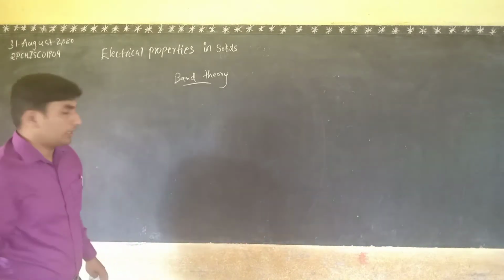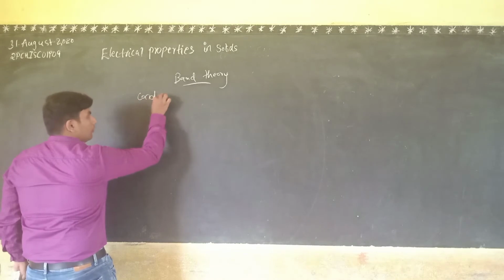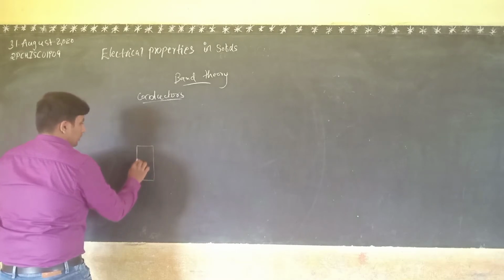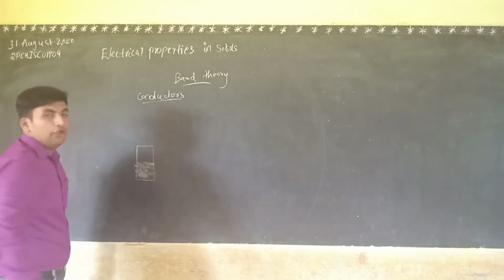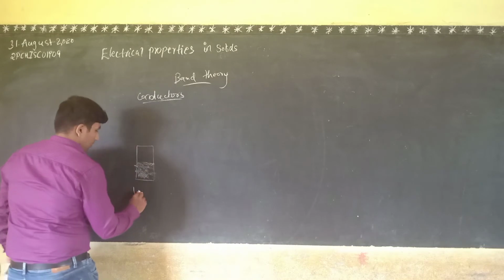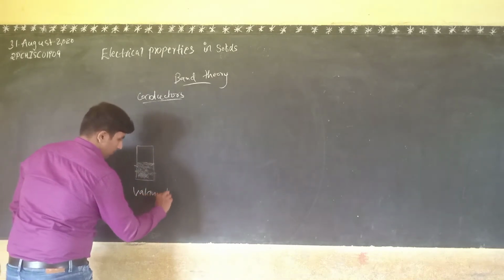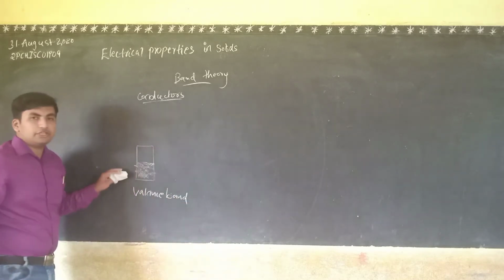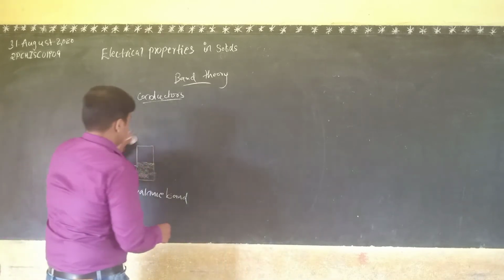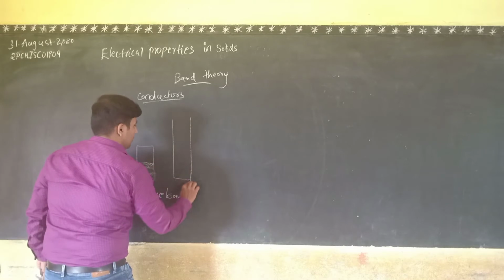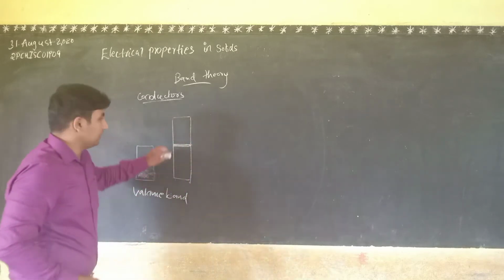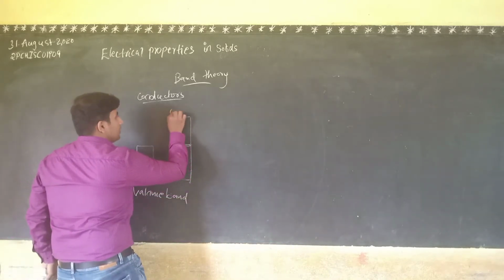In case of conductors, the valence band is partially filled or completely filled, and the conduction band and valence band overlap with each other.